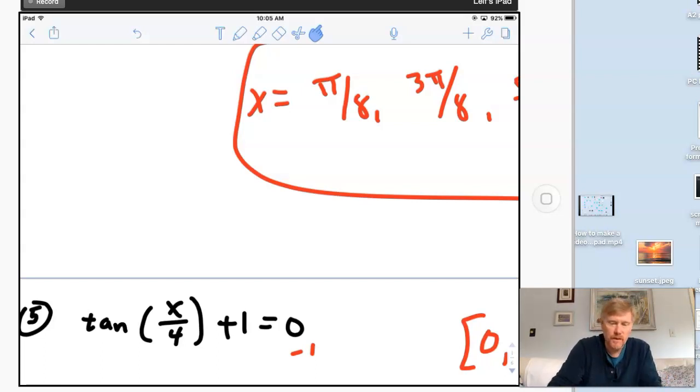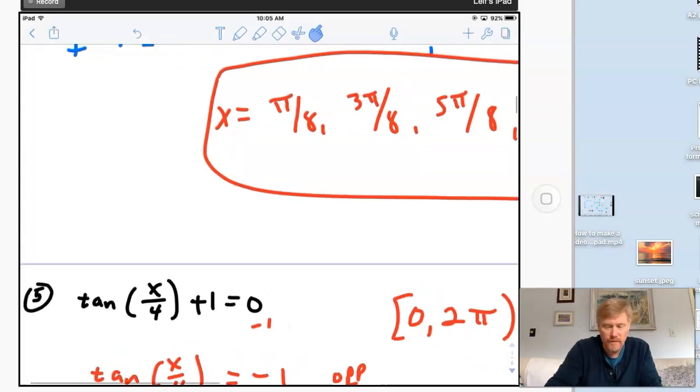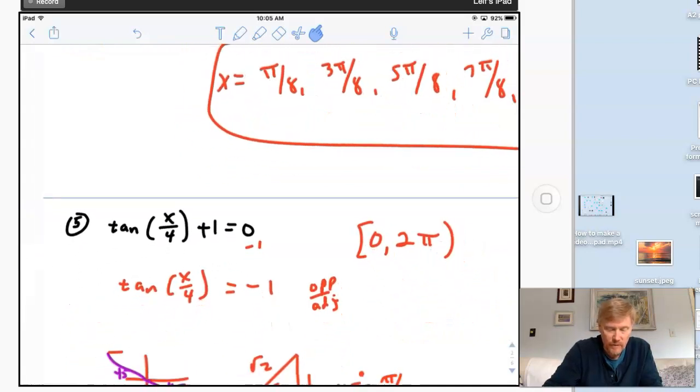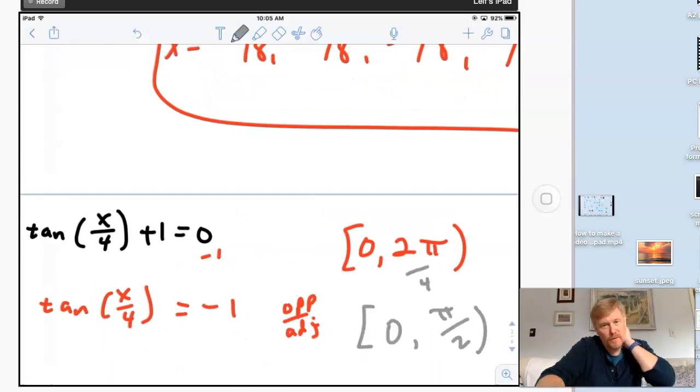Because it was a 2. This one, instead of going from 0 to 2 pi, and I have pi over 4, I'm going to go between 0 and pi over 2, okay?